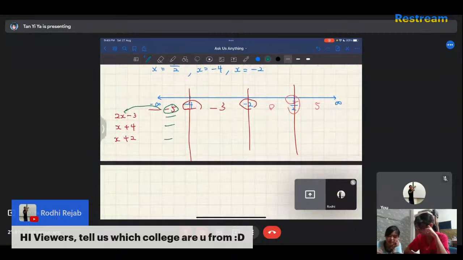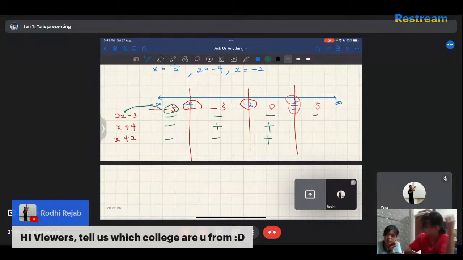It's the same for this. Negative 6, negative. Then this one will be positive. Then for 0, this one will be negative. This one will be positive and positive. All of these are positive.